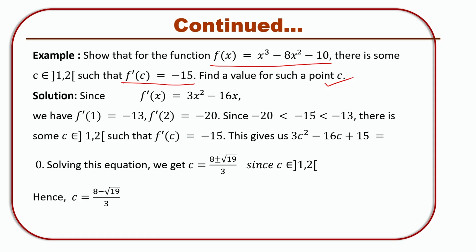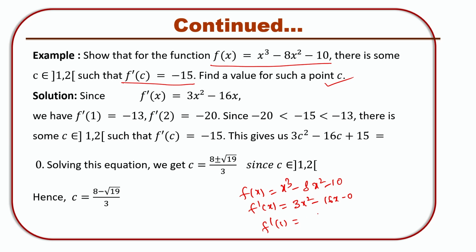So, firstly, since f(x) is given as x cube minus 8x square minus 10, I can find out f dash of x, and what will be the value? 3x square minus 16x minus 0, isn't it? So, that means I can find out the end points.